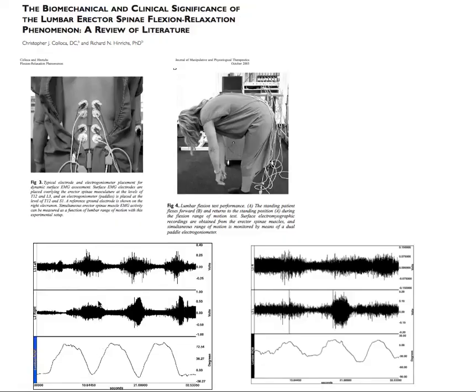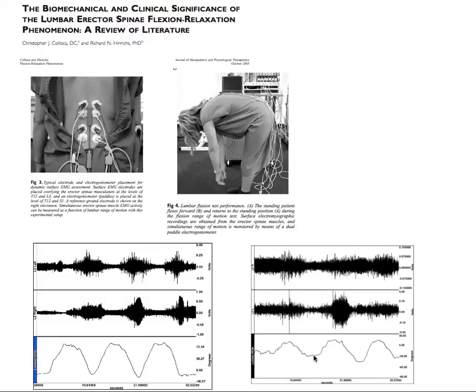And so what we can note from this is that when a person is in full flexion or approaching full flexion, there's no muscle activity. And so therefore the control of the final element of forward bending is passive relative to the lumbar spine. And so we'll kind of come back to this in a minute.